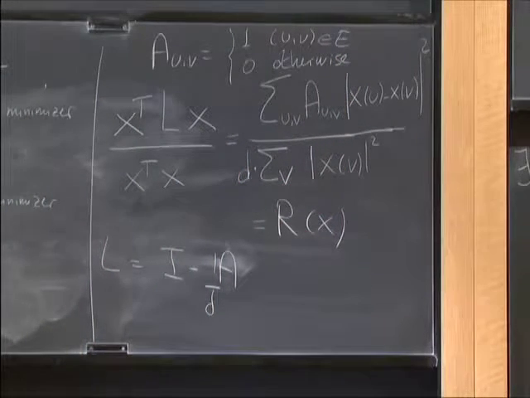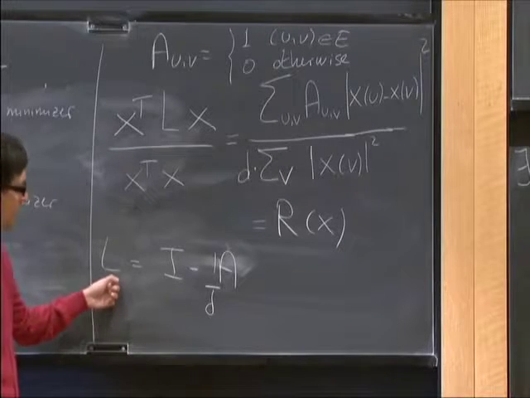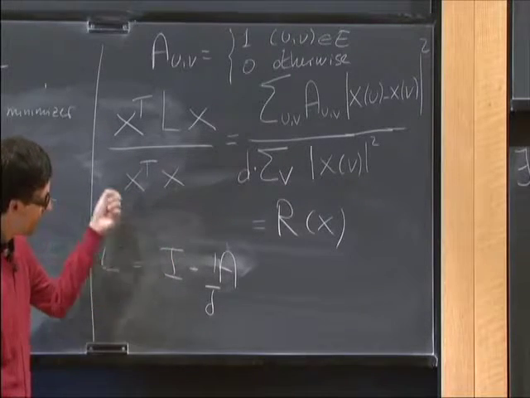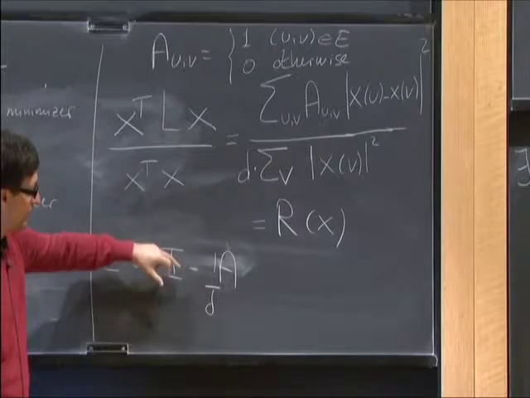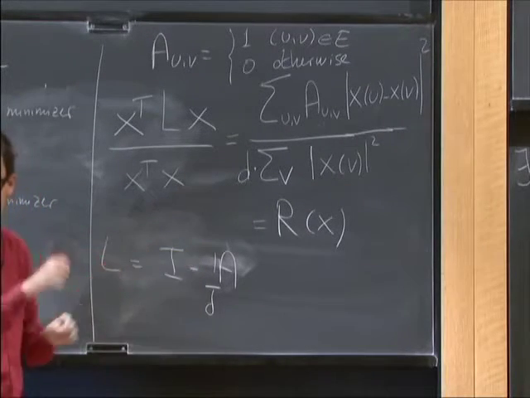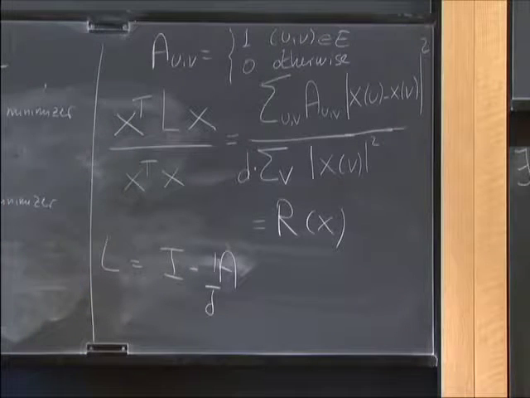So the Laplacian is the matrix that has ones on the diagonal, and in the off-diagonal places either -1/d if that's an edge, or 0 otherwise.